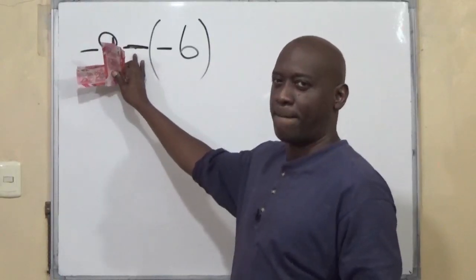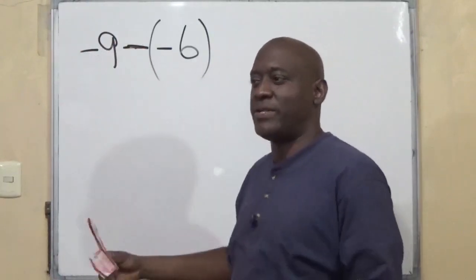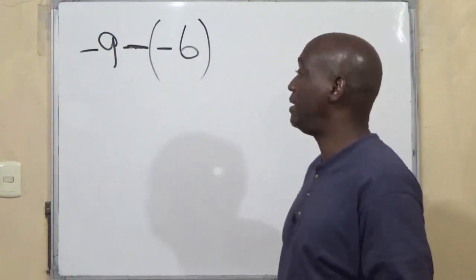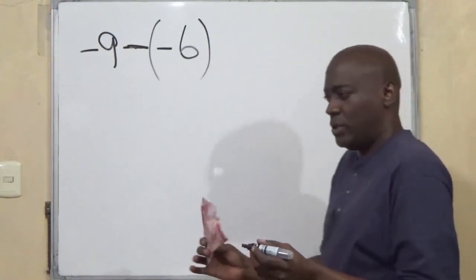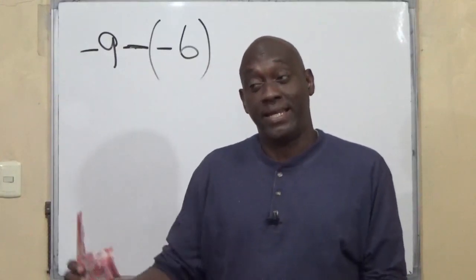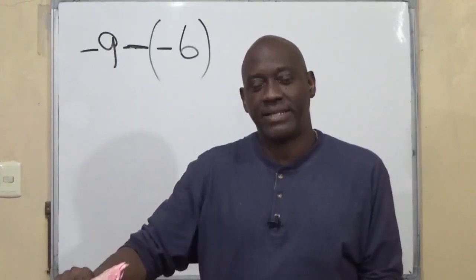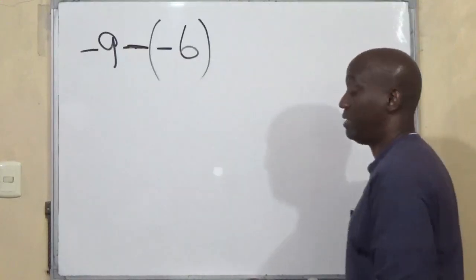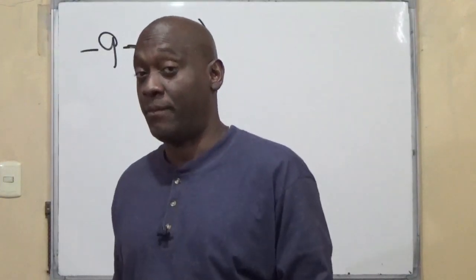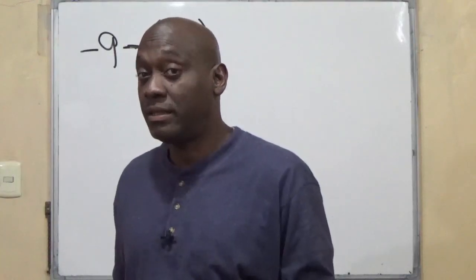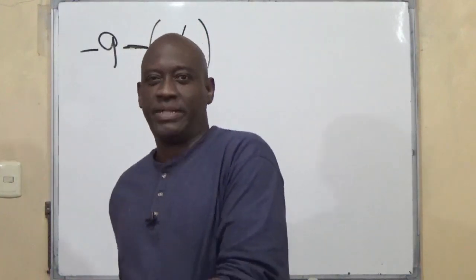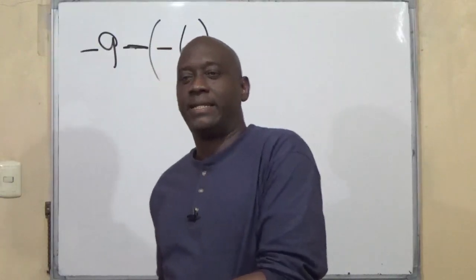Reversing again. So you're reversing a situation where you're compounding the original loss of 9 by a further loss of 6. And instead of losing 6, you're adding 6. And if you lost 9 and you add 6, you're still in deficit by 3. Right? You still have a loss of 3, so to speak, that you had to deal with.